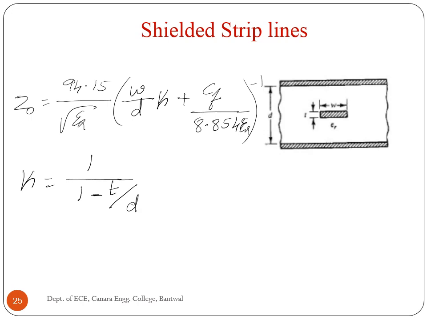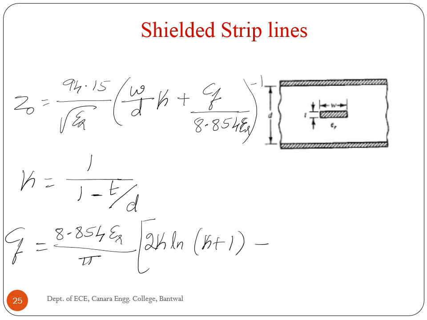and fringe capacitance is equal to 8.854 relative permittivity divided by pi into 2 ln of (k plus 1) divided by (k minus 1) minus (k minus 1 over k) ln of (k squared minus 1).